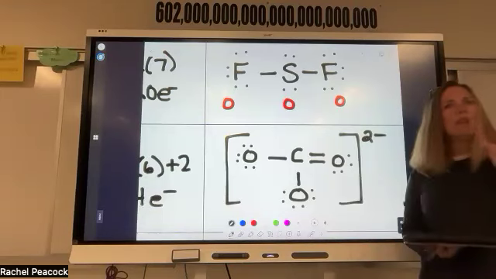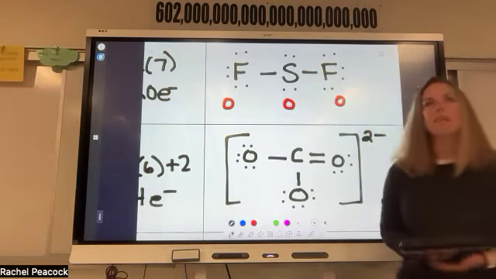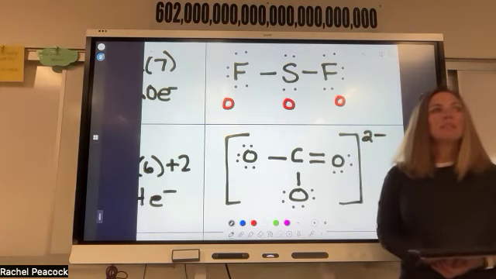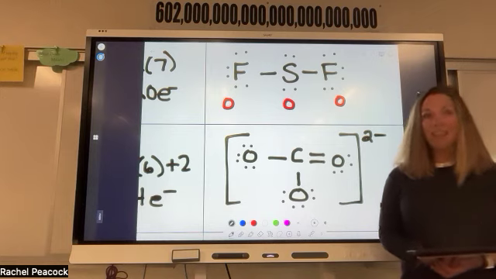If we could draw this 3 different ways and all be correct, what does that mean? What are those called? Resonance structures. Do you remember? Resonance structures are equally valid structures, okay?